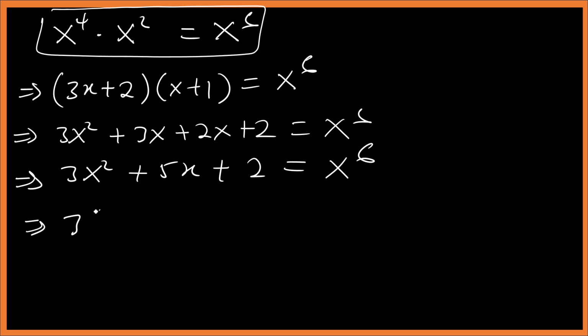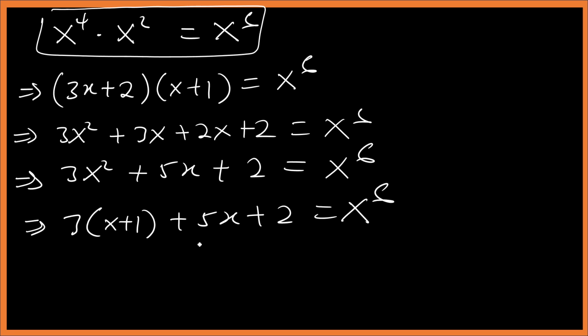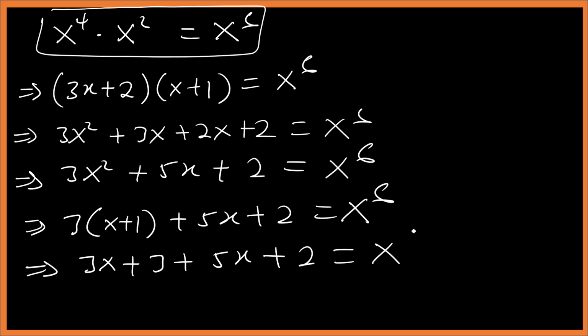So we have 3(x + 1) plus 5x plus 2, which is 3x plus 3 plus 5x plus 2. So x to the power 6 is the same as 8x plus 5.